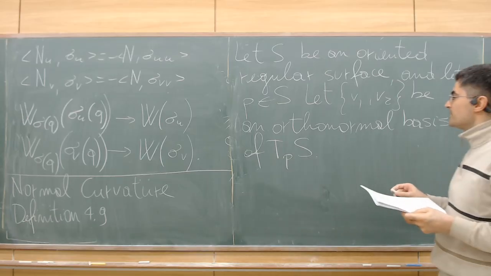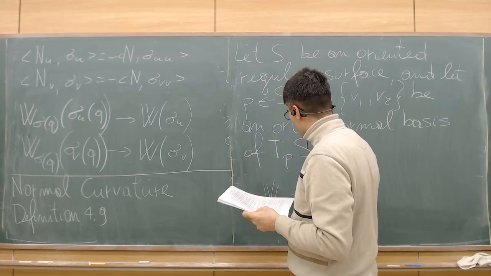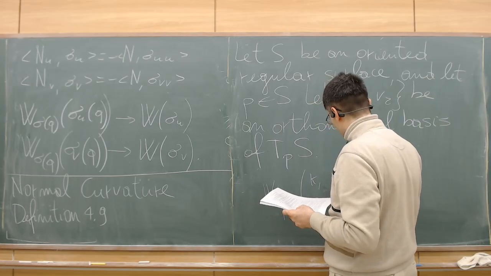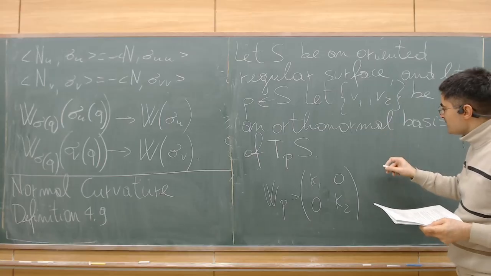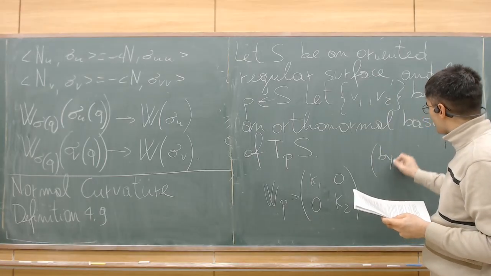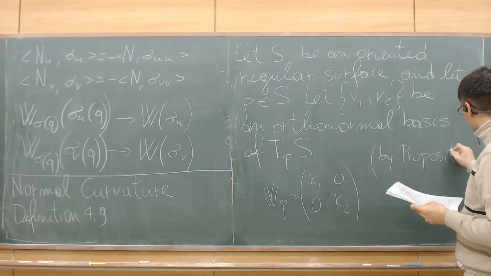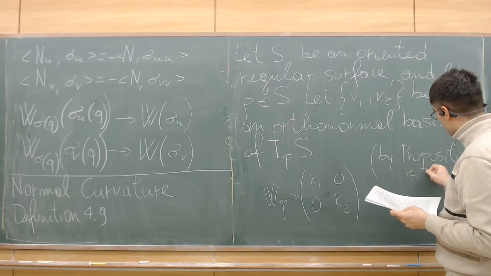And suppose that the matrix which represents the Weingarten map is K1, 0, 0, K2. This basis exists by proposition 4.7.